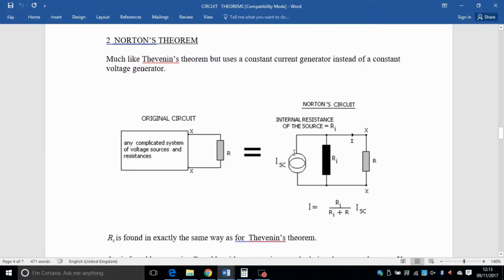So Ri will be in parallel with a current supply, which we have to find out how much it is. Now this current supply is the current of the short circuit. That's why we name it ISC, short circuit.